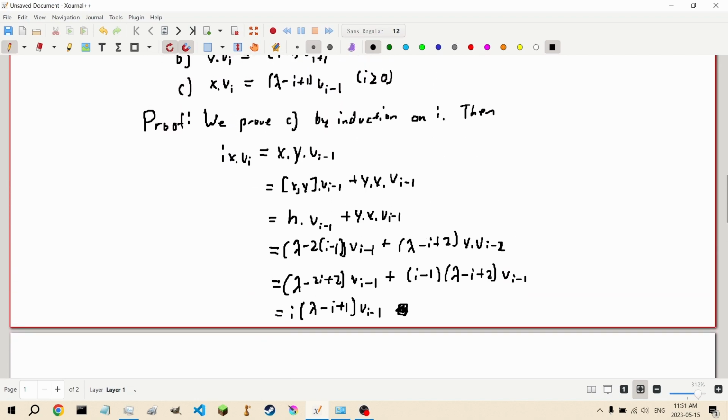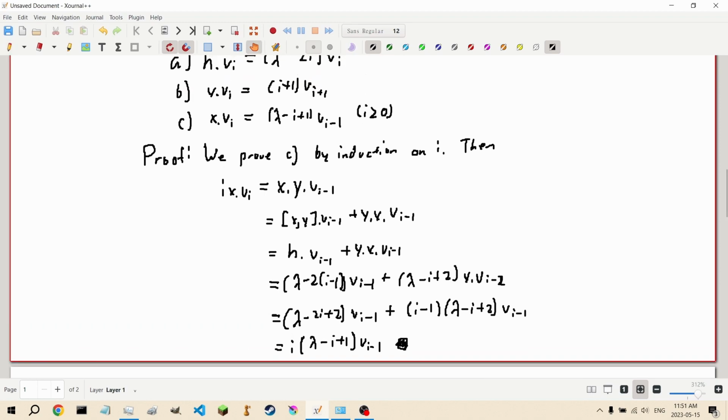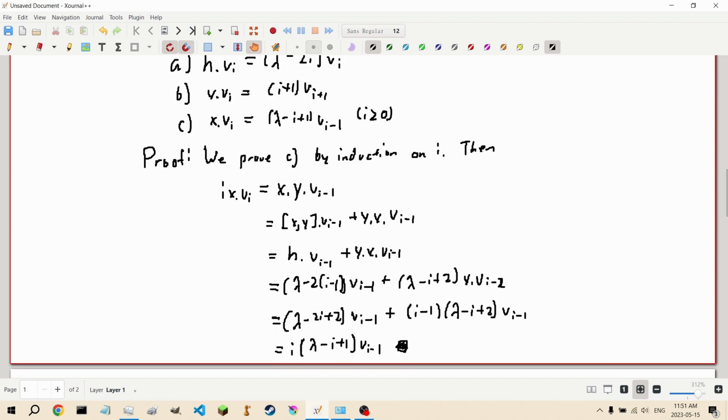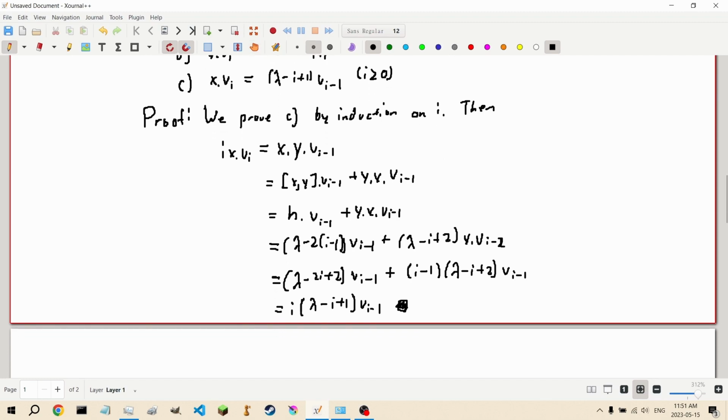Alright. So by formula A here, we see that the non-zero v_i are linearly independent.